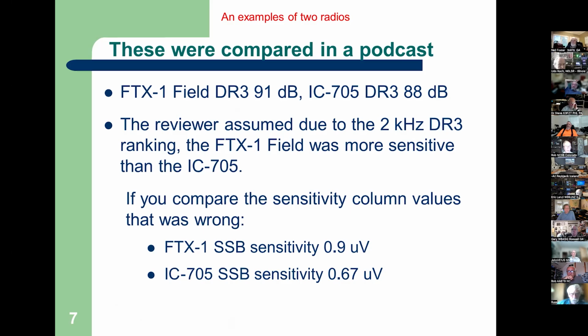But the reviewer assumed, because the 2 kilohertz ranking was what it was, the FTDX1 was a few spaces above the ICOM, that he thought that the Yaesu was more sensitive than the ICOM. But that was totally backwards. The FTDX1 SSB sensitivity was 0.9 microvolts, and the 705 was better at 0.67.